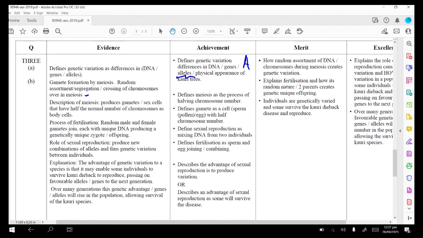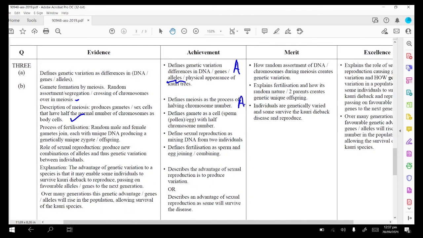A description of meiosis: produce gametes or sex cells that have half or haploid the normal number of chromosomes as body cells. Yep, we did that. So define meiosis as the process of halving the chromosome number. Yep. And define a gamete as a sex cell, sperm or egg with half the number of chromosomes.